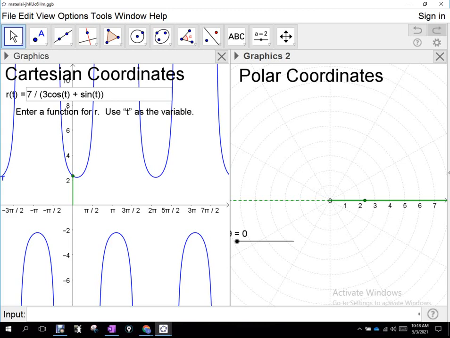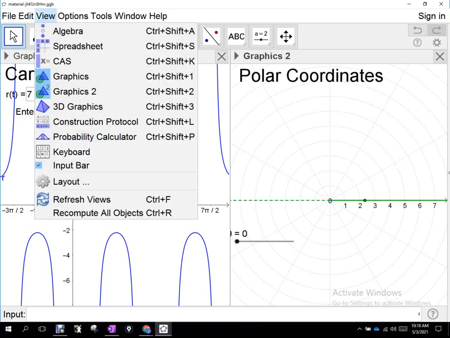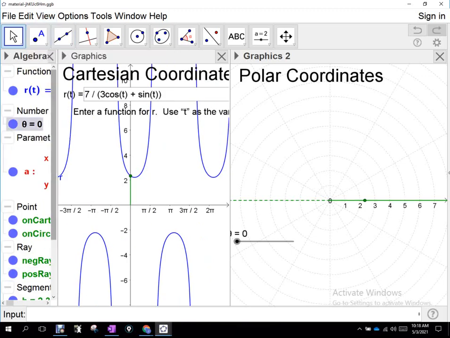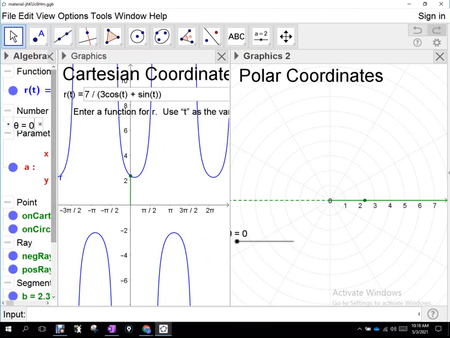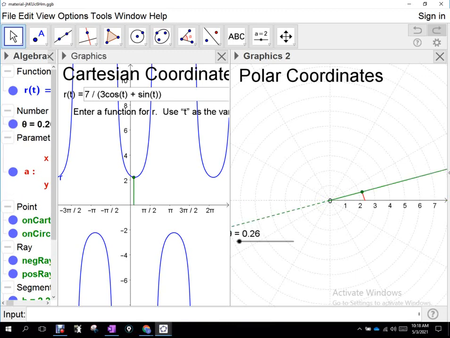The next thing I'm going to do is go to the algebra and then just type this in. So let's say I want to go to an angle of 15 degrees. That'd be pi over 12 radians. You can see right here on this curve, this is the angle measurement at pi over 12, and it's going to pull off a y value of 2.22.